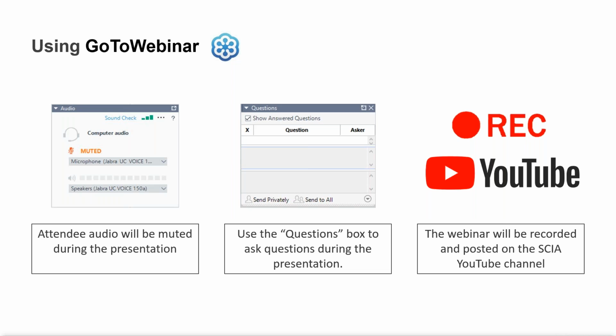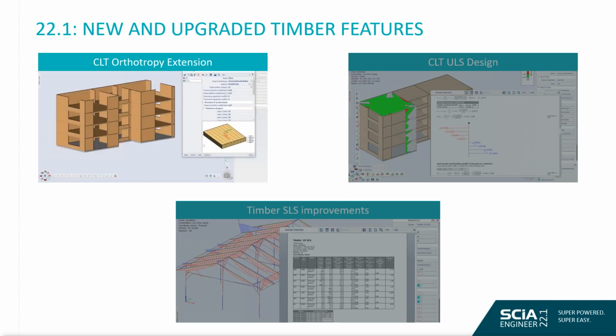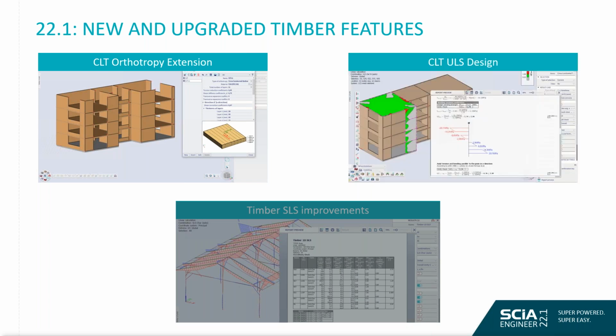Let's go look at the agenda. The topic of today will be an extension of our CLT orthotropy. In version 22, we introduced some orthotropy parameters where you could define your CLT panel geometry and it would automatically calculate the stiffness parameters. And we have improved this orthotropy function.